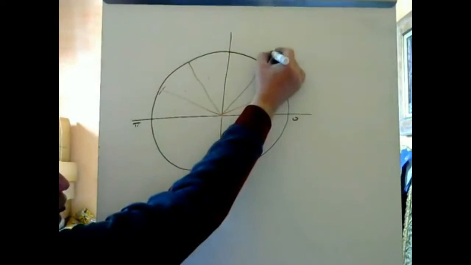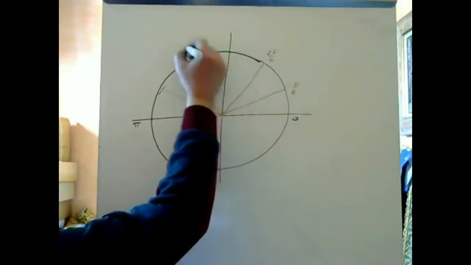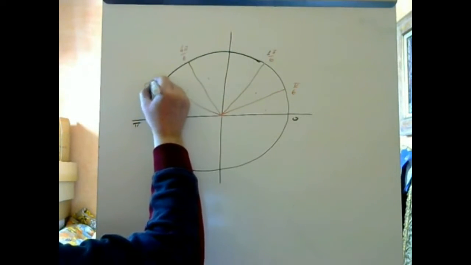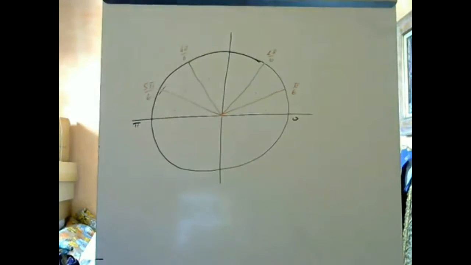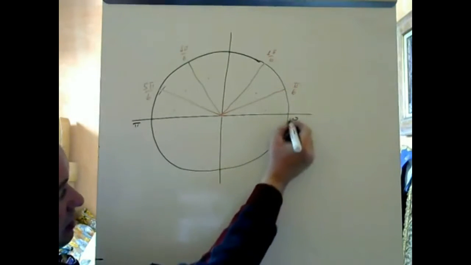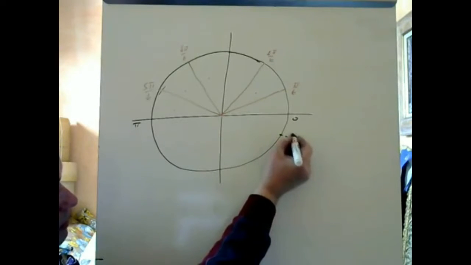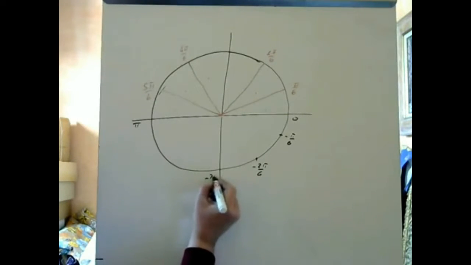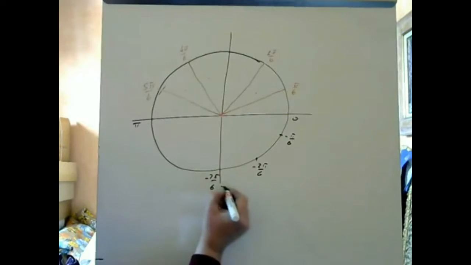Here I have 1 portion of pi over 6, 2 portions of pi over 6. Here I have 4 portions of pi over 6. Here I have 5 portions of pi over 6. And if we go in the negative direction, starting from 0, here I have minus pi over 6, here minus 2 pi over 6, here minus 3 pi over 6, which simplifies to minus pi over 2.